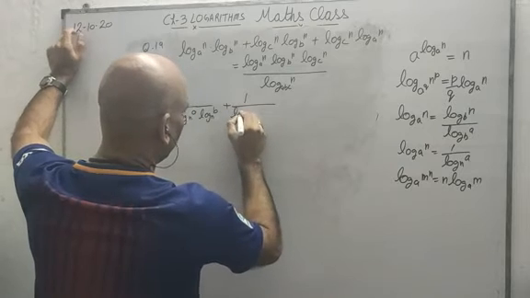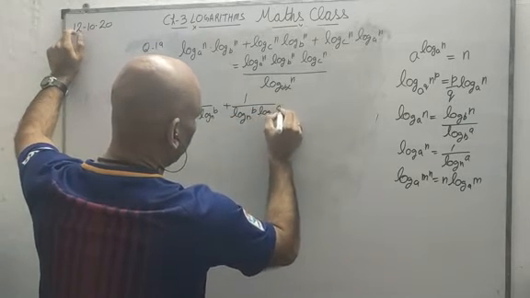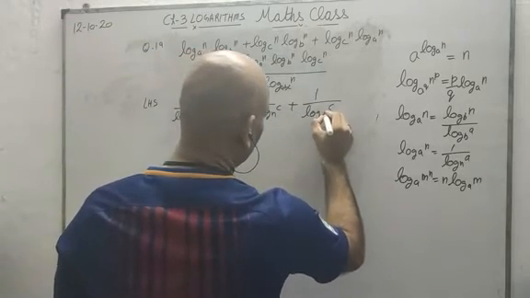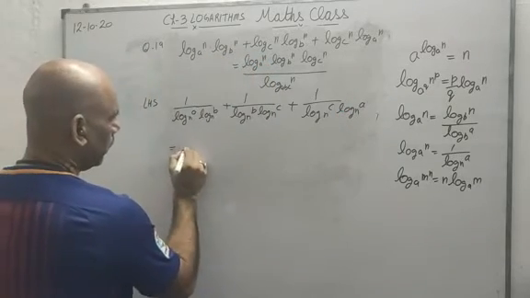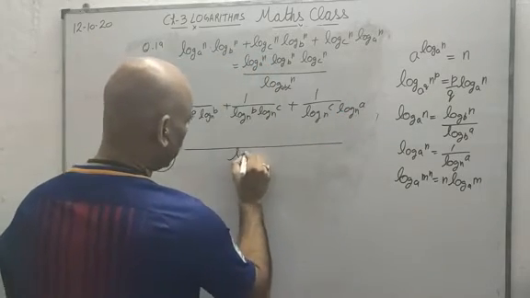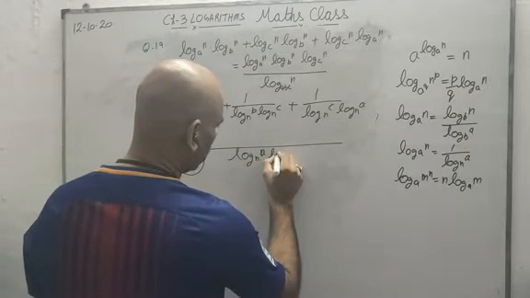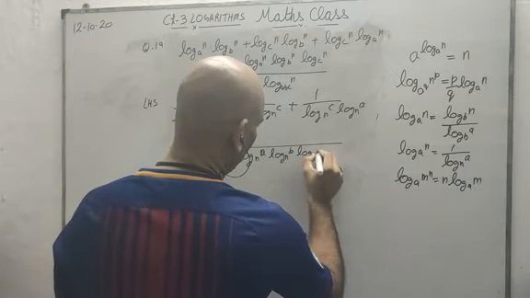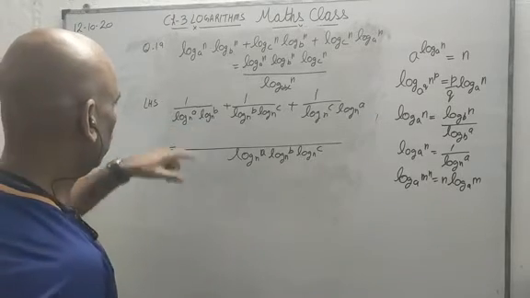Similarly, 1 upon log b base n, log c base n, and then log c base n and log a base n. Now I can take the LCM. The LCM will be log a base n, log b base n, and log c base n. So what will happen?